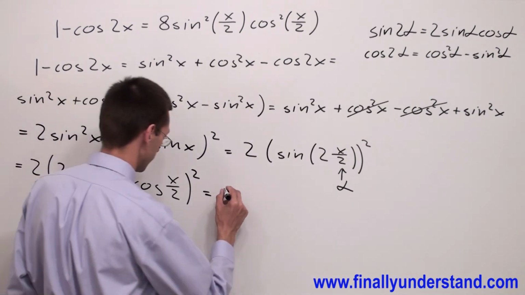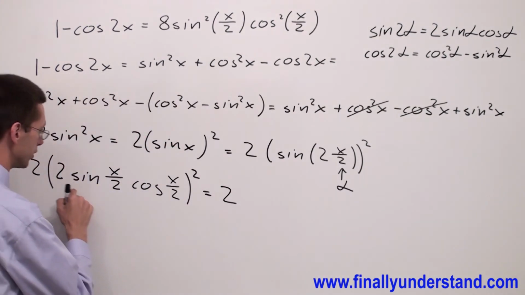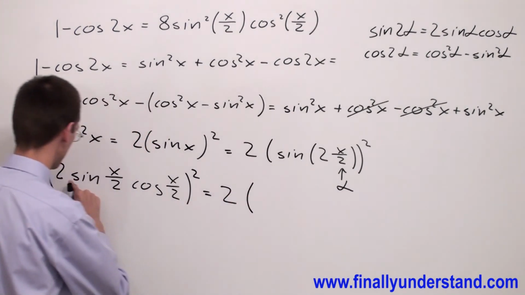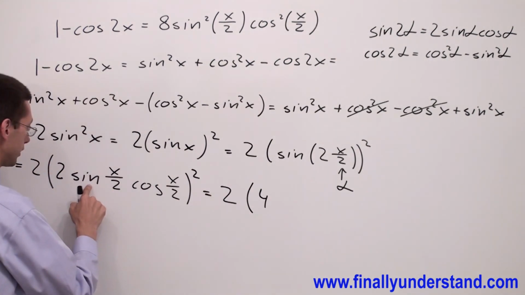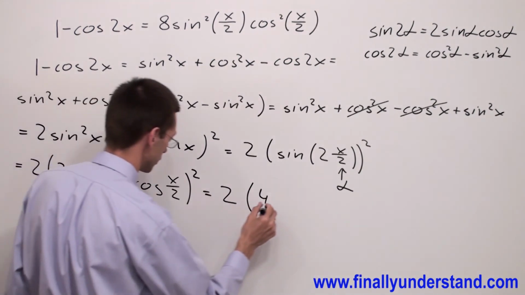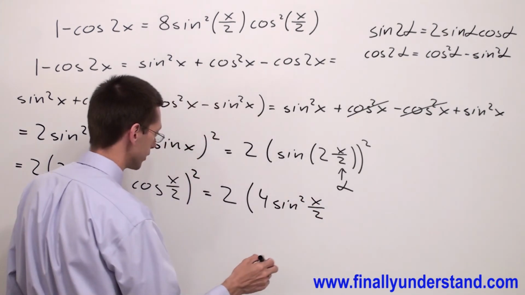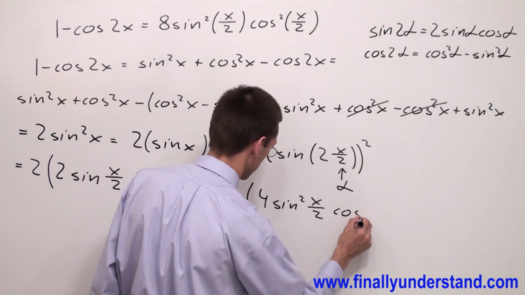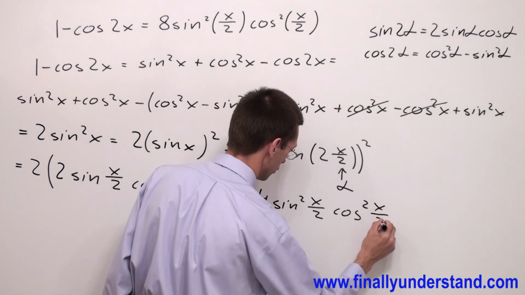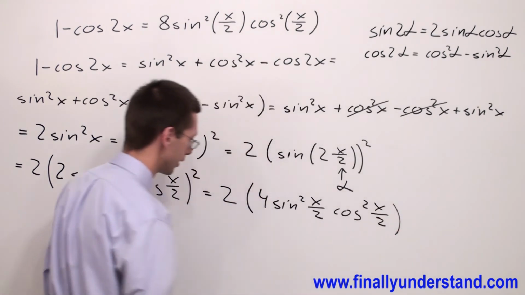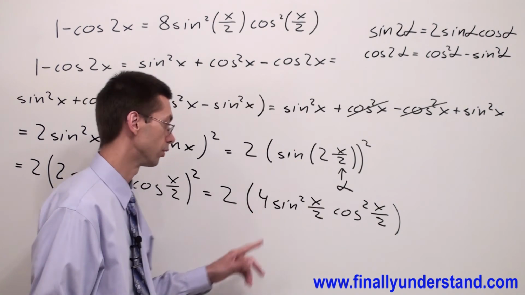So this is going to be copy down 2, and inside of the parentheses we are going to have 2 to the second power is equal 4, sine x over 2 to the second power is going to be sine square x over 2 times cosine, of course, the second power x over 2. Next, we're supposed to perform the multiplication. 2 times 4.